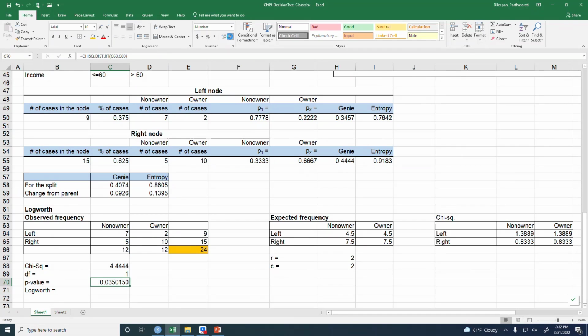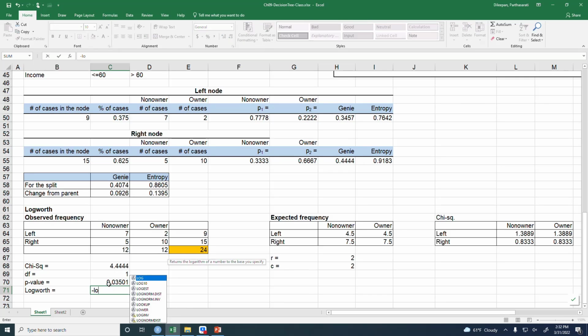And the log worth is the negative log to the base 10 of that. Excel has a log base 10 function, so you can just do minus log 10.